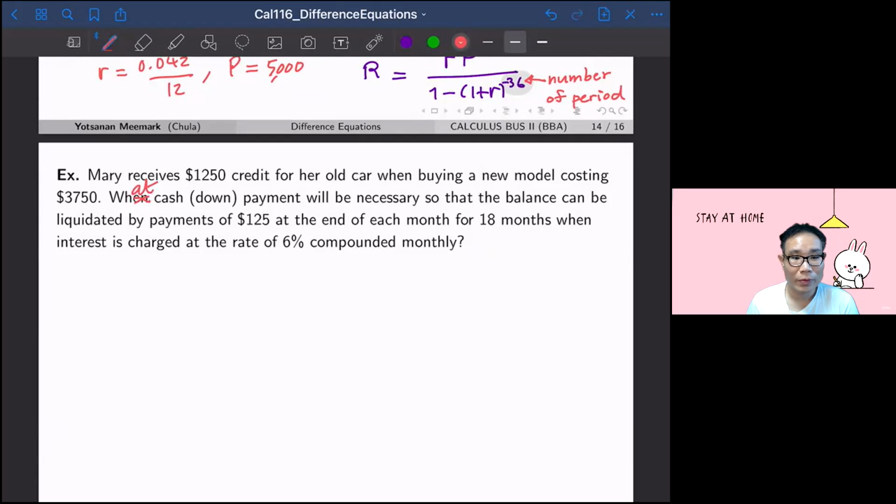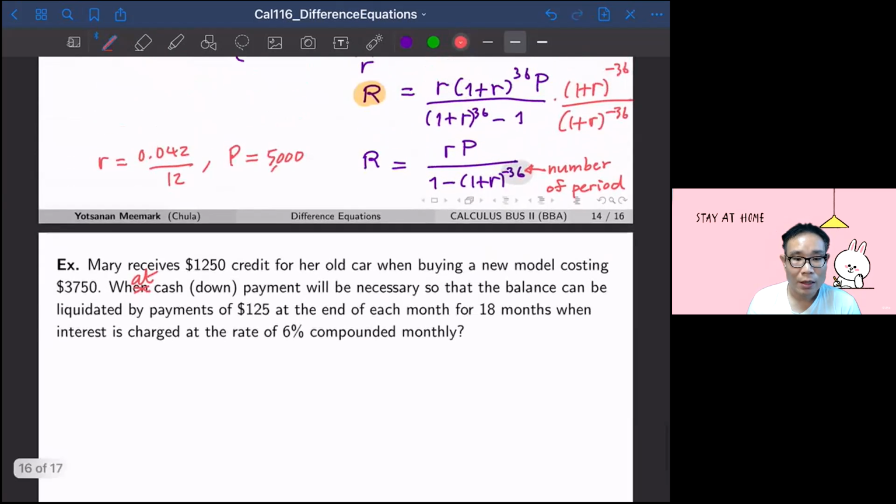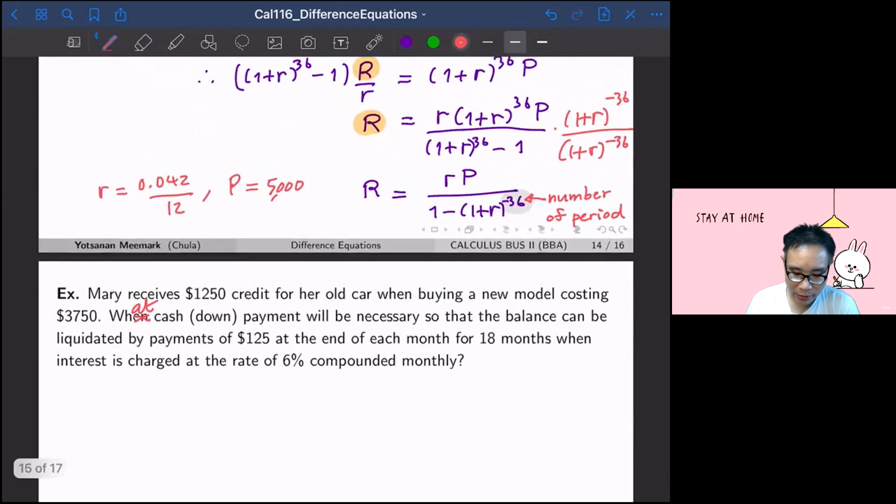What cash down payment will be necessary so that the balance can be liquidated by the payment of 125 at the end of each month for 18 months?